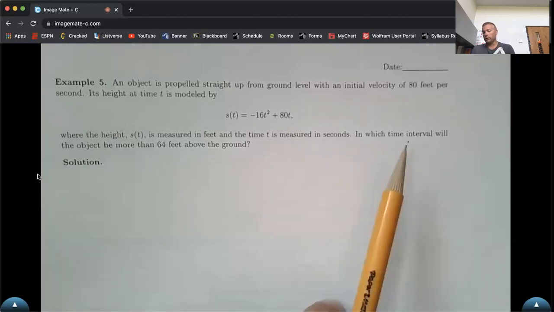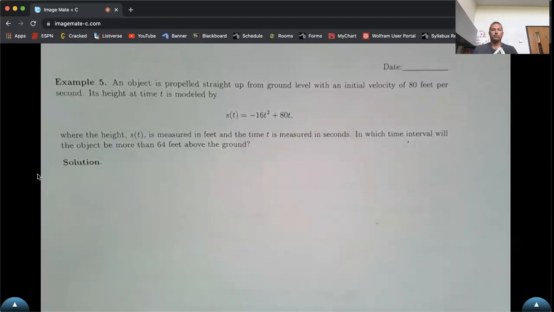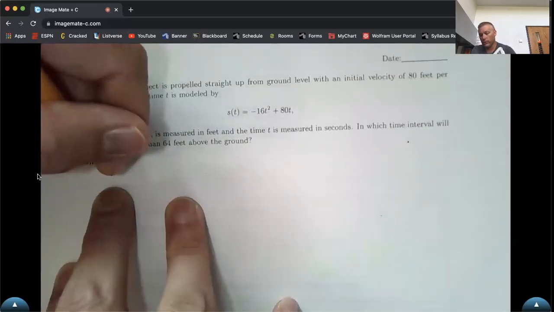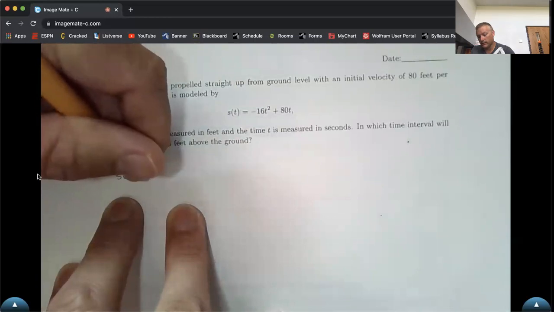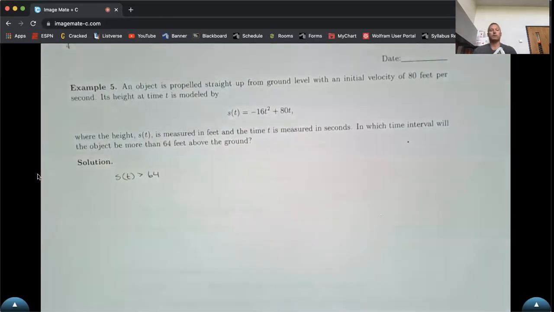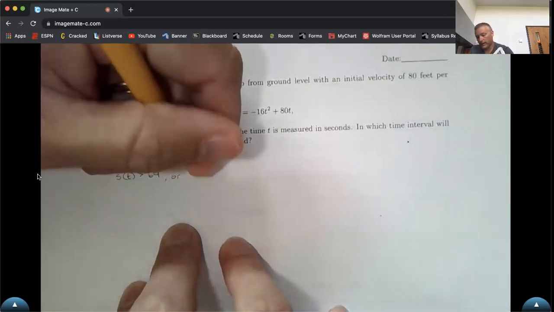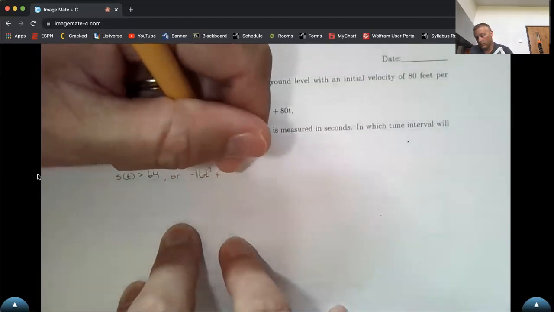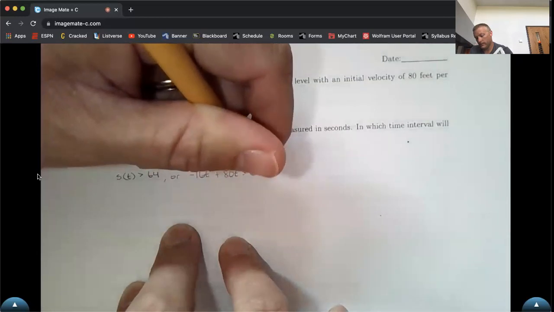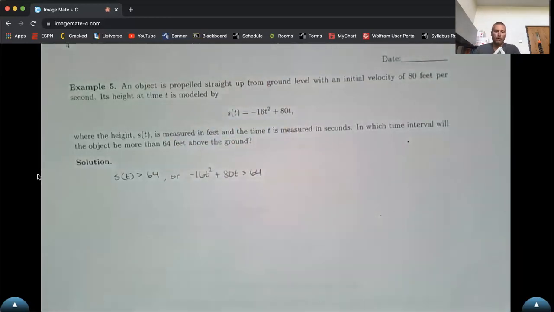So we want to know in which time interval the object will be more than 64 feet above the ground. In other words, we wish to solve s of t is greater than 64. Or you could say -16t squared plus 80t is greater than 64.